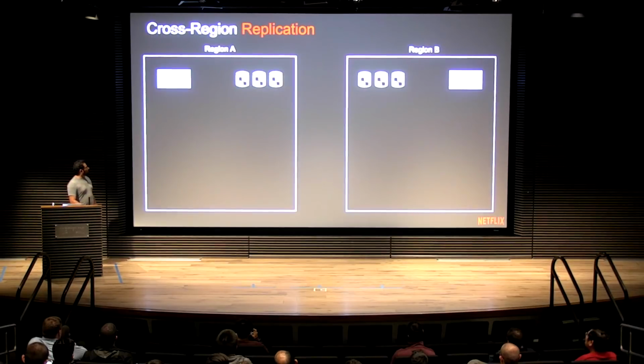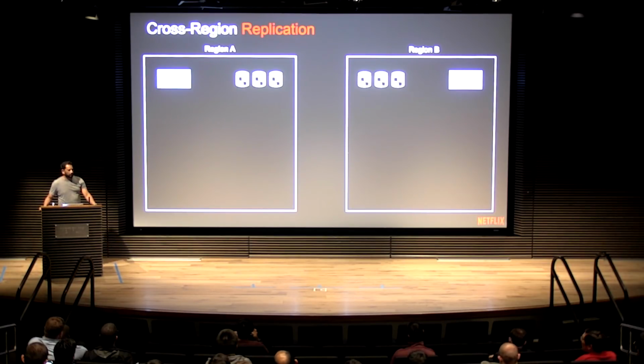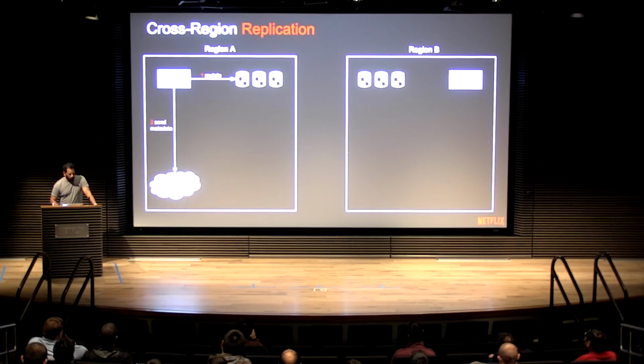Consider we have an application in region A, and we have an application in region B, and they are talking to the same cache. In reality, we have three regions, but for simplicity, I'm demonstrating here with two regions. If application A writes a mutation to EV Cache in region A, we write the metadata about the mutation itself to a Kafka topic in that region.